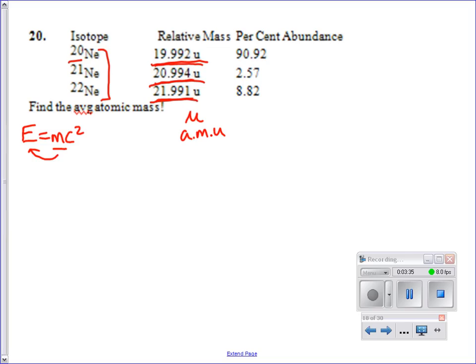This problem now, we need to find the average atomic mass of all 3 isotopes. To do that, it's just like when you calculate your grades. You take the number that goes with each category. In this case, our first one is 19.992 AMUs, and we're going to multiply it by the percent in decimal form. Then what do we do?